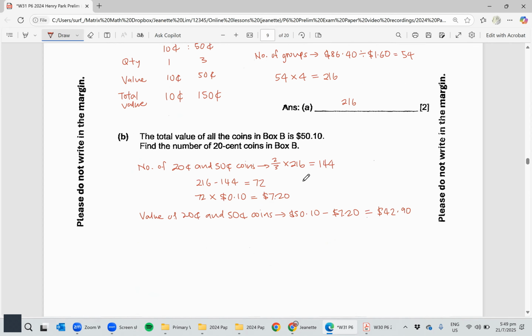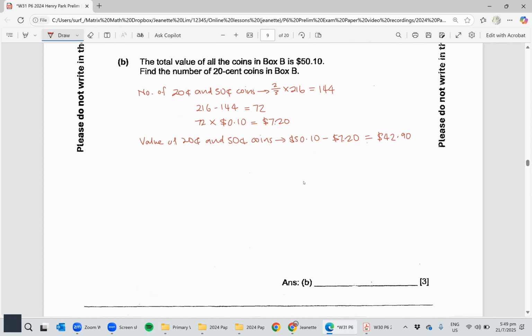Okay, from here we'll do a supposition. Since we're looking for 20-cent coins, let's suppose all are 50-cent coins. And when we say all, we're looking at 144. So the total value would be 144 times 50 cents.